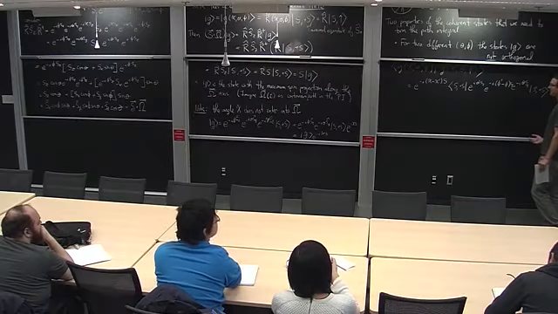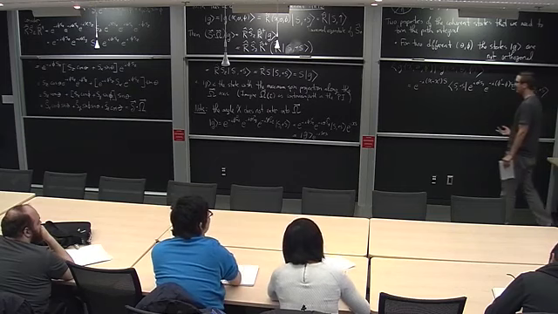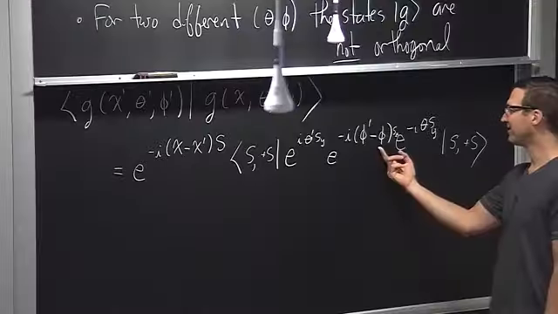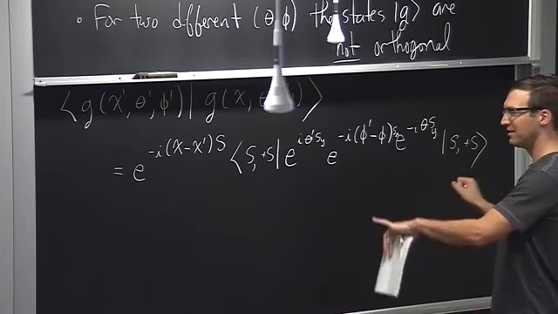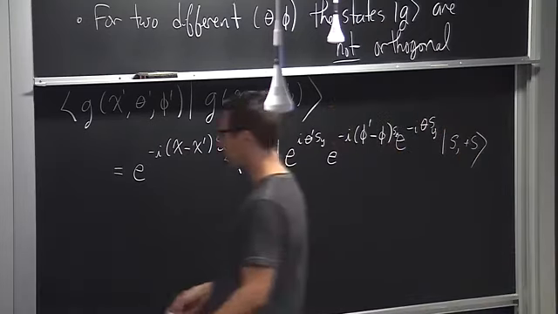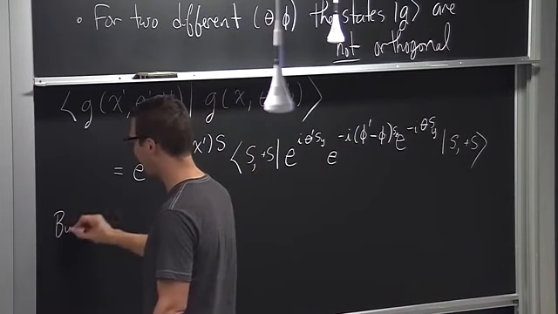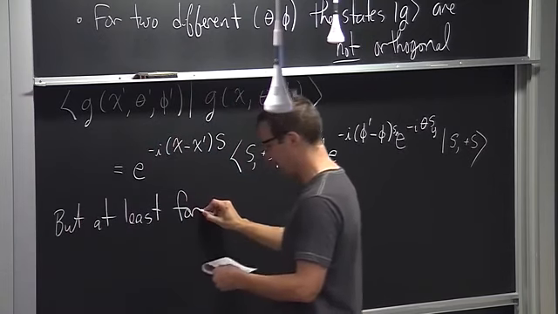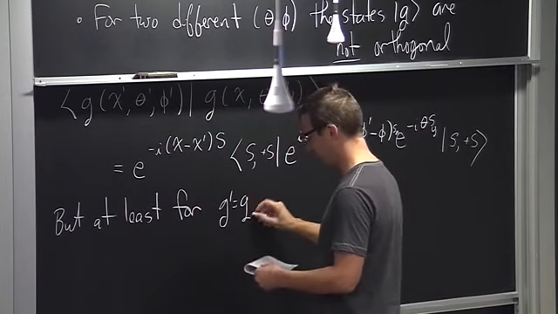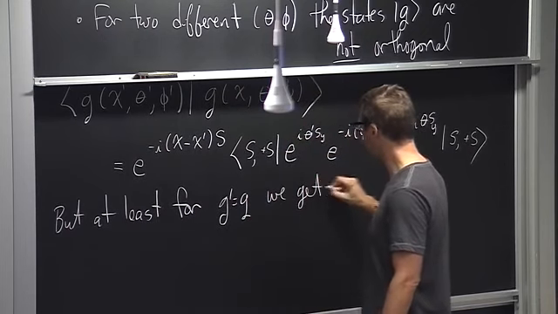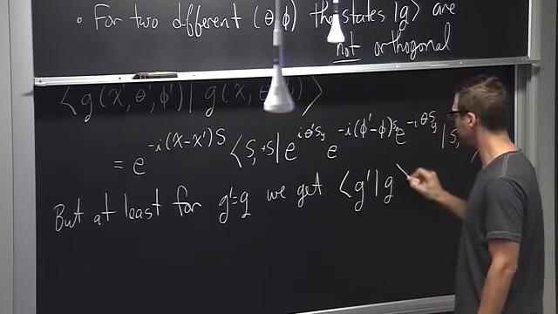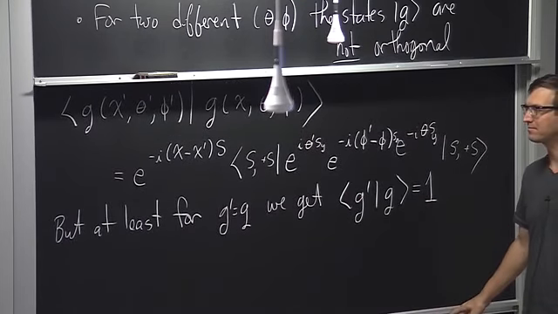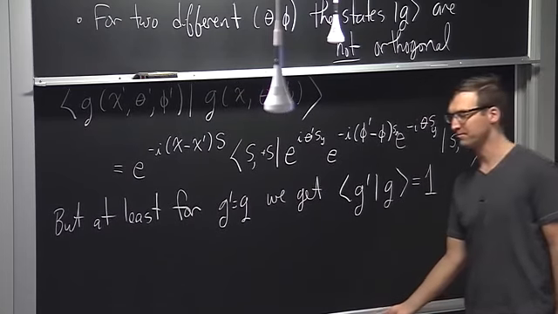But at least when the angles are the same, chi equals chi prime, phi prime equals phi, then you get unity for all these things, and the overlap is 1. Okay, that's important.